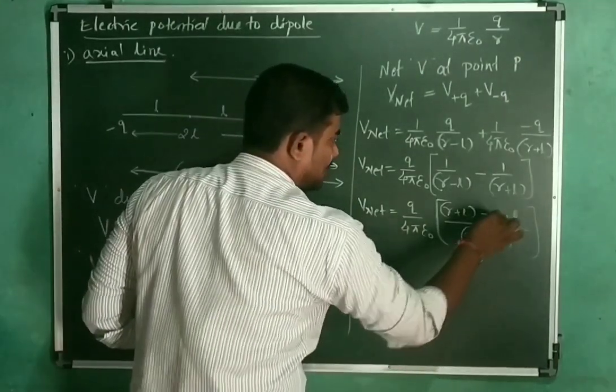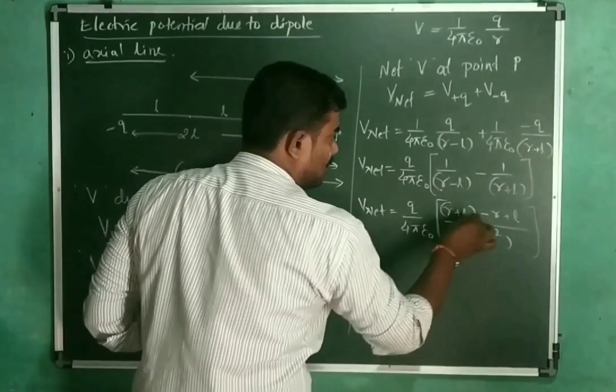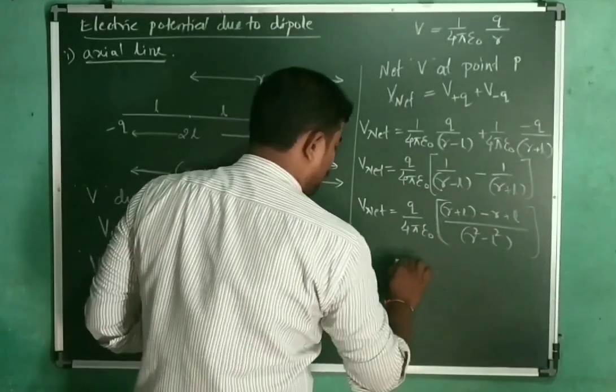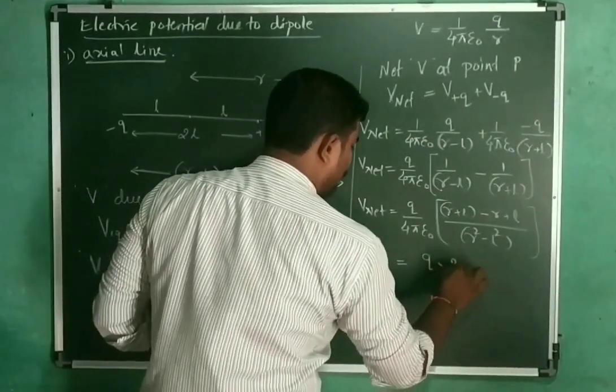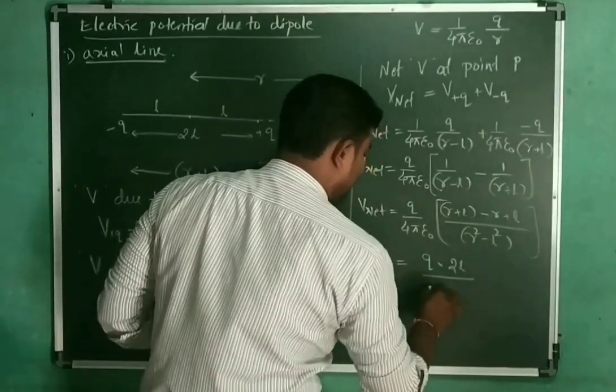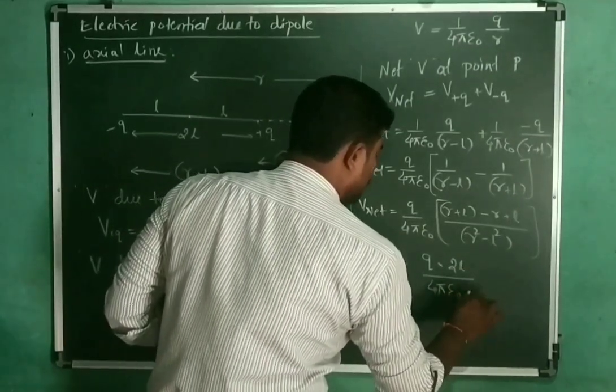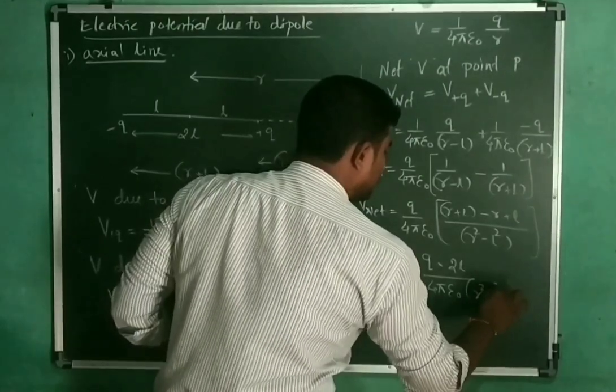Therefore here minus r plus r cancel, so L plus L is 2L. So what is remaining? Q into 2L divided by 4 pi epsilon naught r square minus L square.